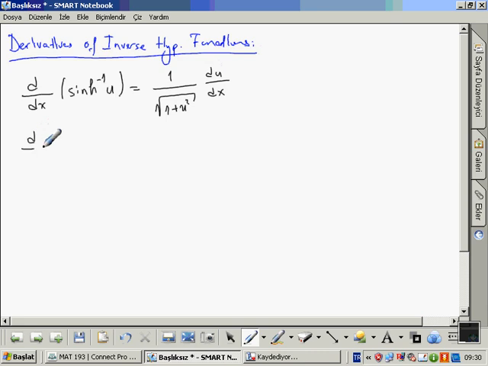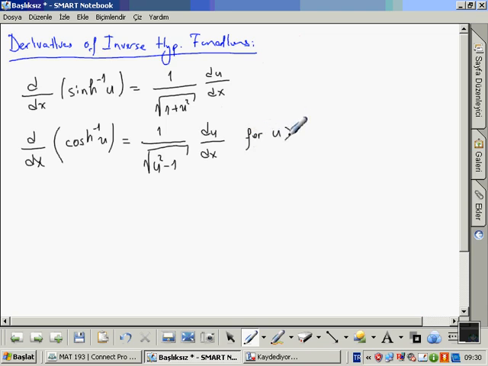And del over del x of inverse cosine hu is equal to 1 over square root of u square minus 1, del u over del x, and it is for u larger than 1.